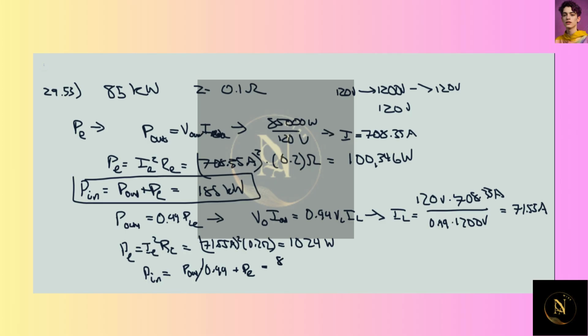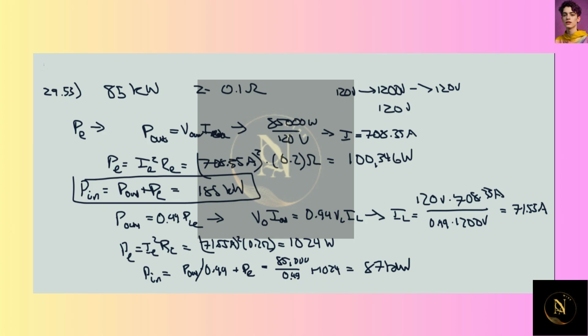So what this is, 85,000 divided by 0.99 plus 1024. And this is roughly 87 kilowatts.